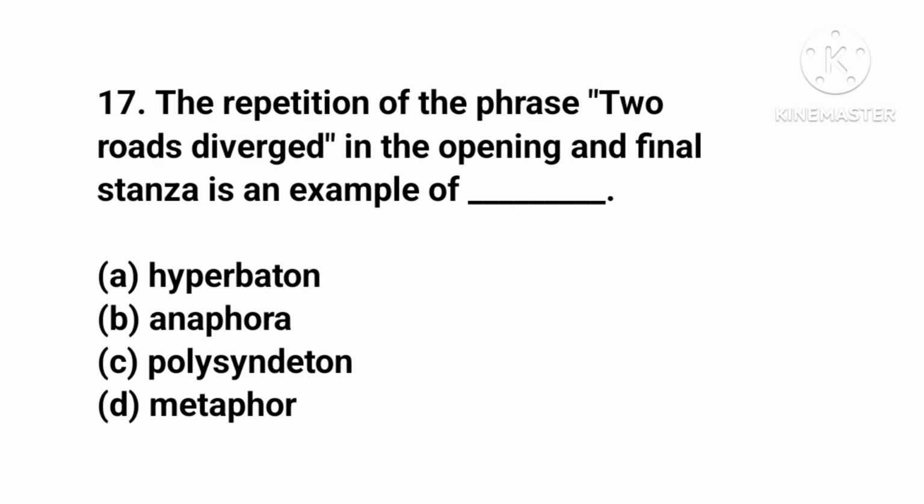The repetition of the phrase, two roads diverged, in the opening and final stanza is an example of dash. Option A, hyperbaton. Option B, anaphora. Option C, polysyndeton. Or option D, metaphor. So what is it? The repetition of the same phrase, two roads diverged.